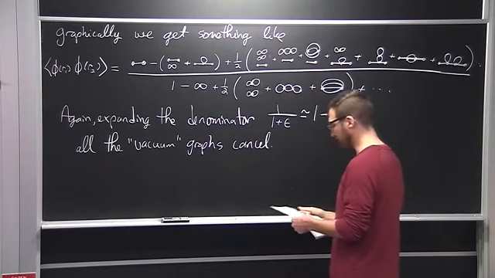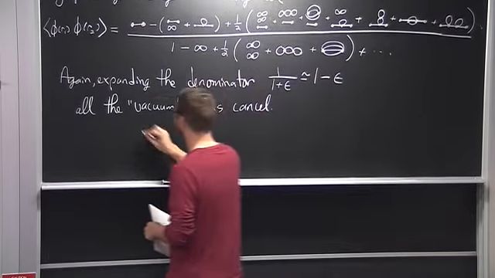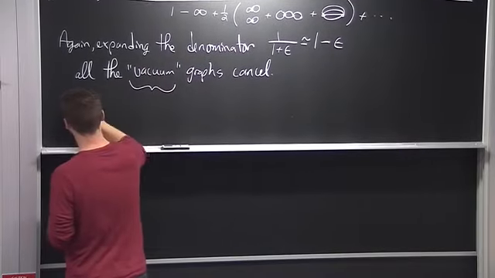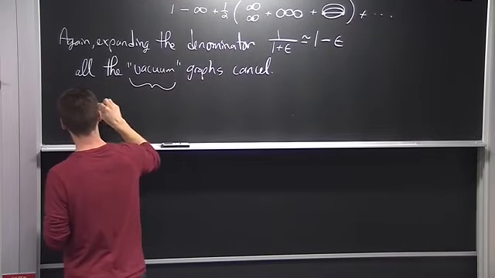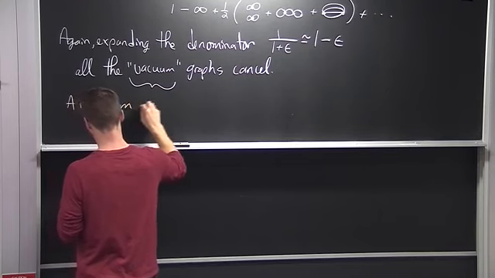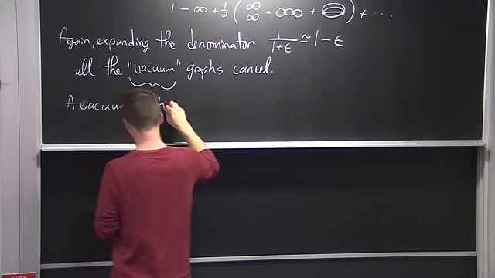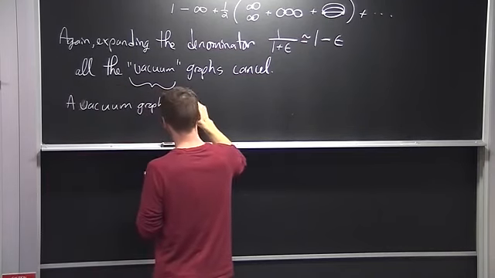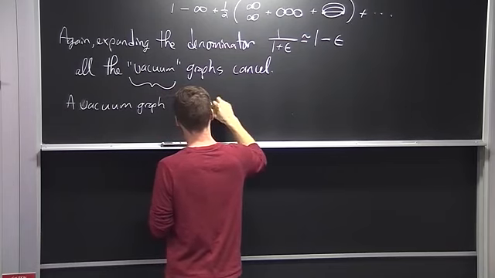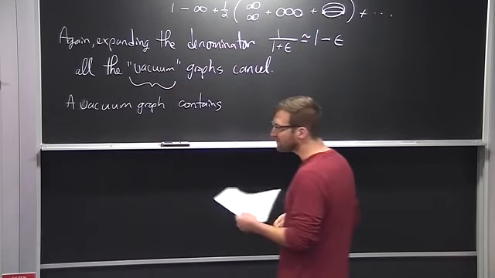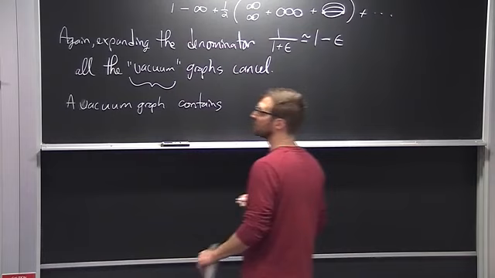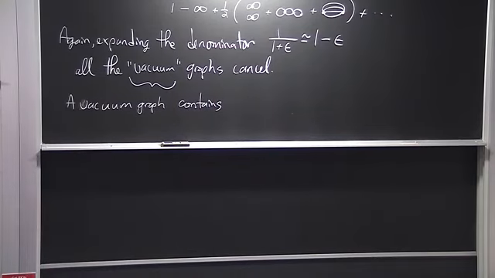So what a vacuum graph, or a vacuum diagram, is, is one that contains one of these floating interaction vertices, one of the vertices corresponding to the actual phi-4 term.